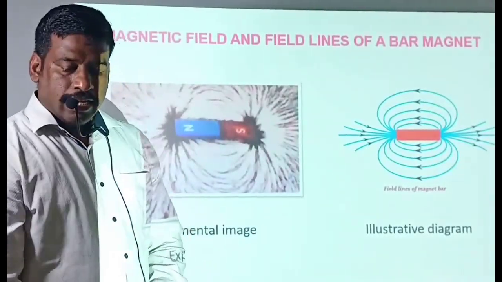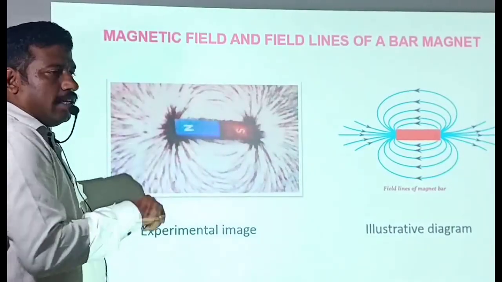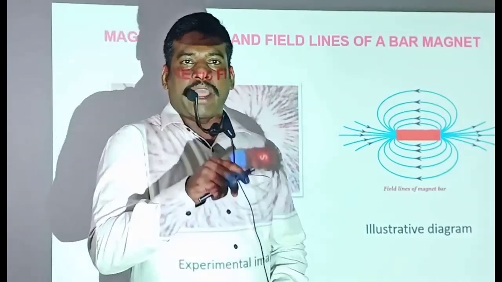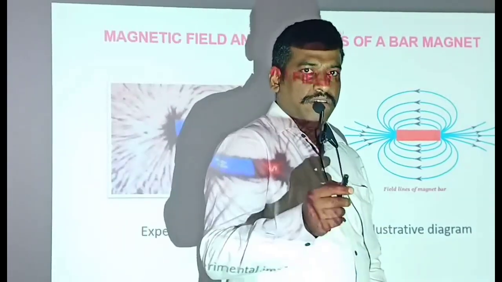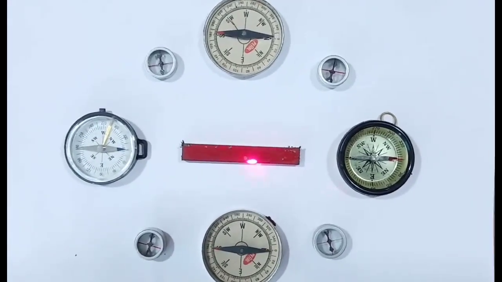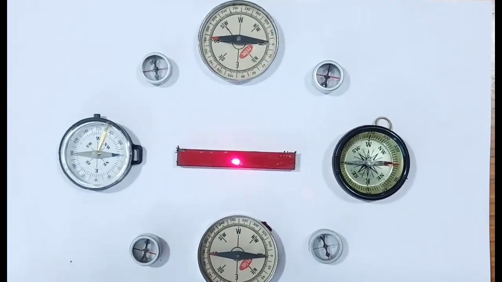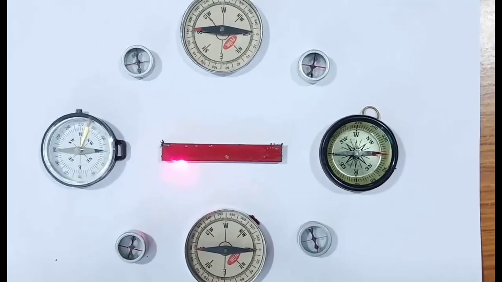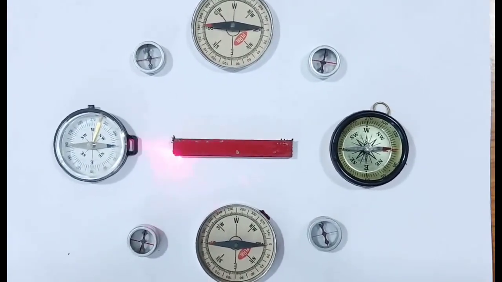Now let us study the magnetic field lines. That is how the magnetic force is exerted by the magnet in its surroundings. Here we have a bar magnet, in which the magnetic north is directed towards geographic north and magnetic south is directed towards geographic south.